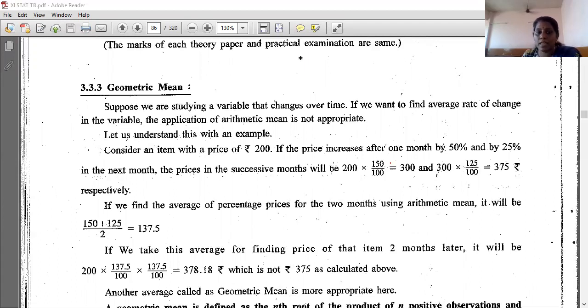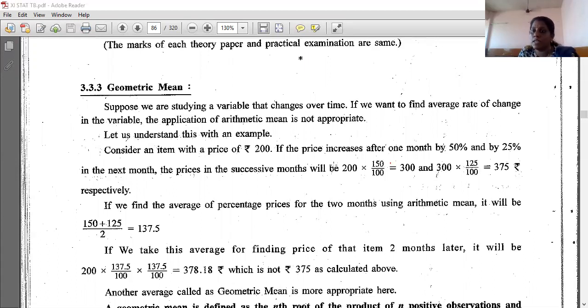So our product price was 200 and it increased by 50% this month. 50% increase means 100 plus 50, that is 150, and since it is a percentage we divide by 100. So that will be 300.